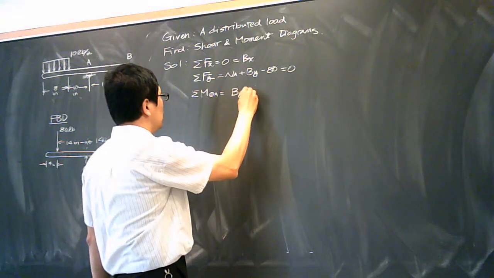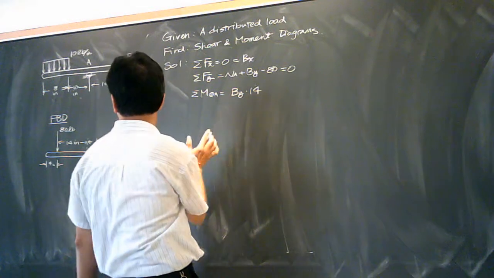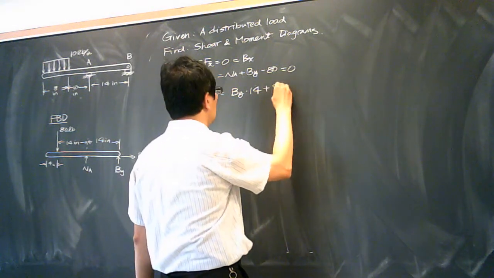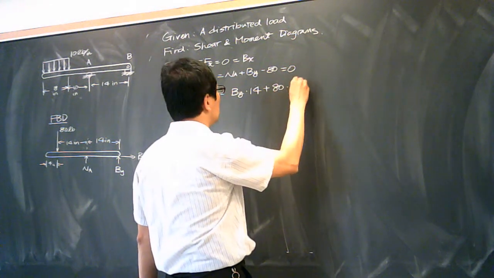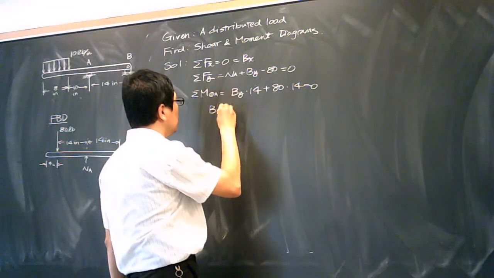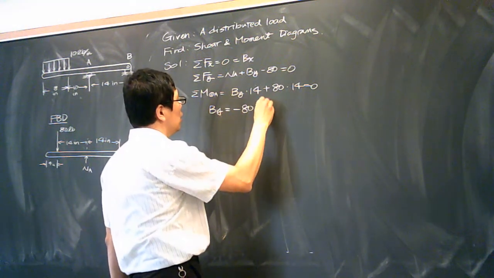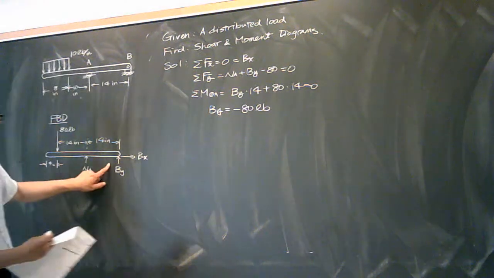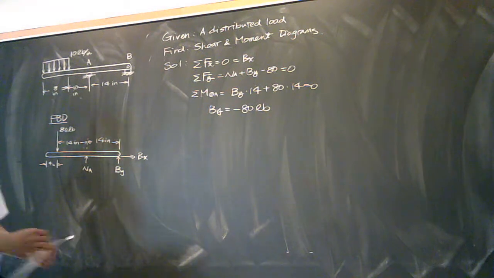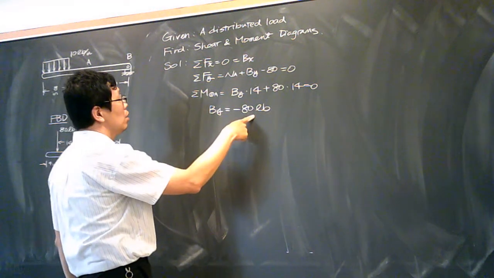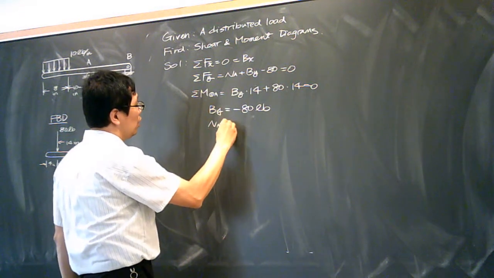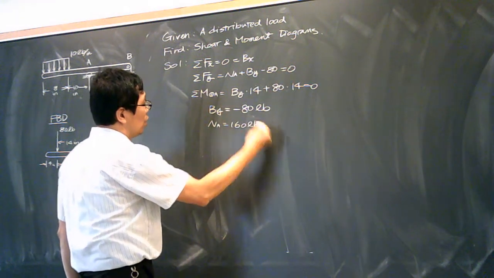By multiplied by 14 plus 80 multiplied by 14 equals 0, which yields By equals negative 80 pounds, which means the force over here is downward. Okay, so if you plug this number back into this equation, you get NA equals 160 pounds.